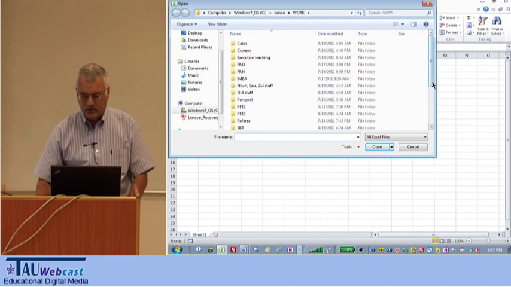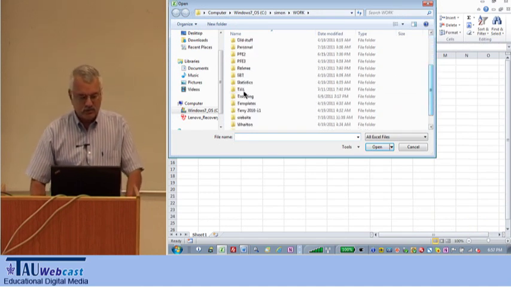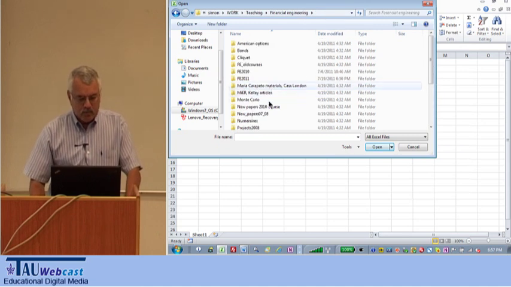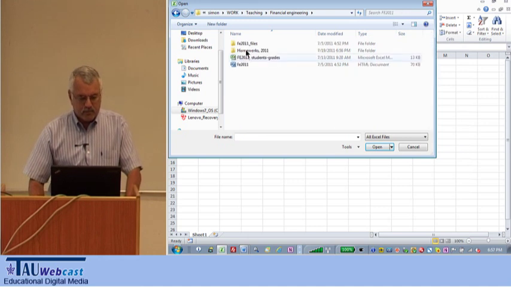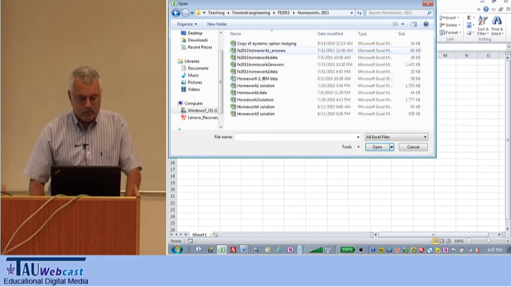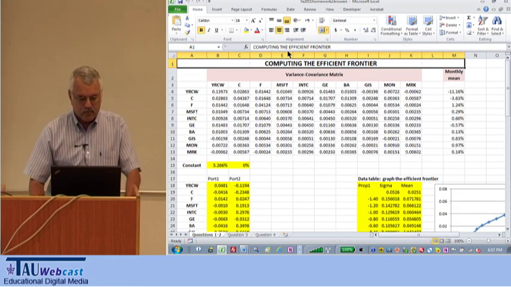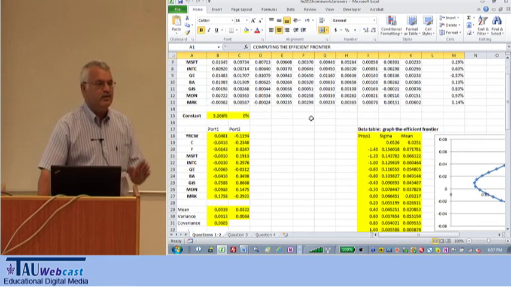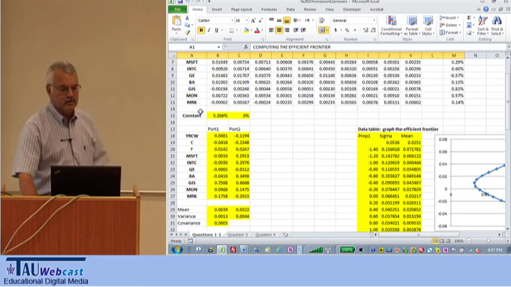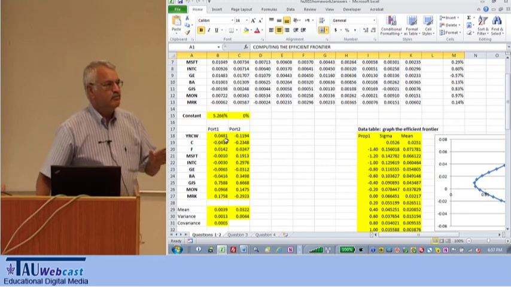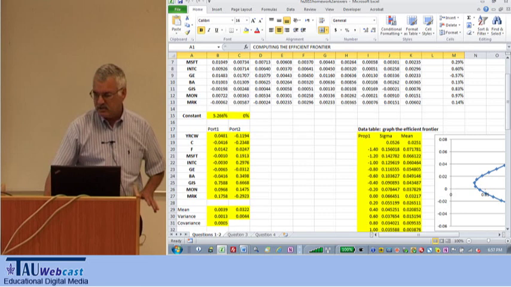And I will find the answer, which I will send you tomorrow morning. Okay, so we already know the answer to this question. The answer to this question is you take 2 constants and you find the efficient portfolios for these 2 constants.